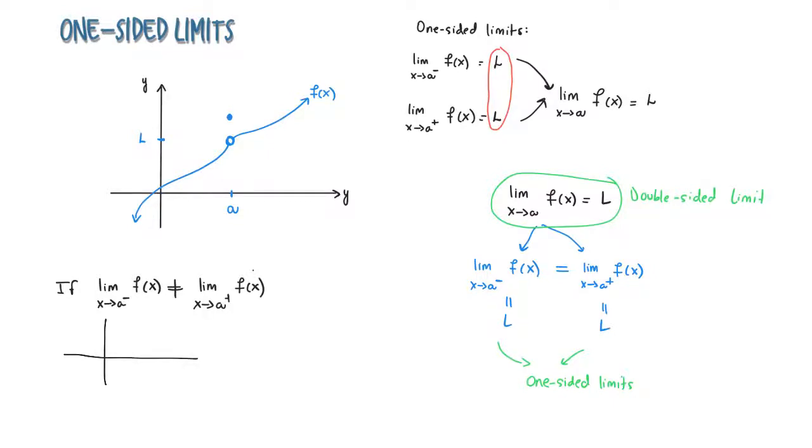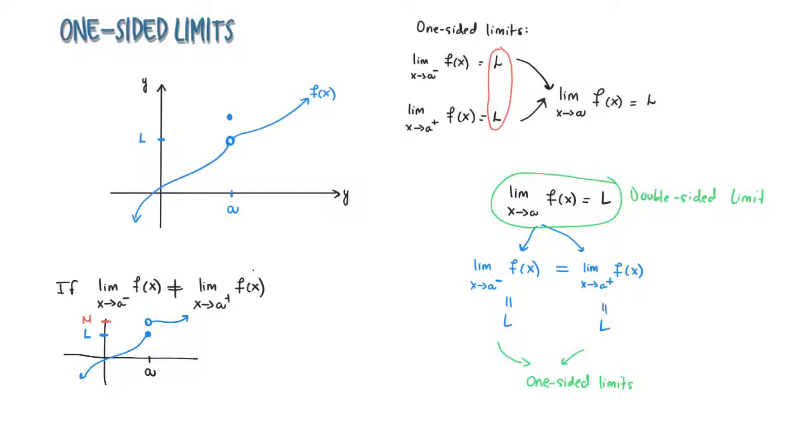Imagine that we have a right here, and we have a function such that on the left of a, the function approaches this number, let's call it L, and on the right of a, the function approaches another value. Let's call this open circle M. So we have M for the open circle, and we have L for the dot.